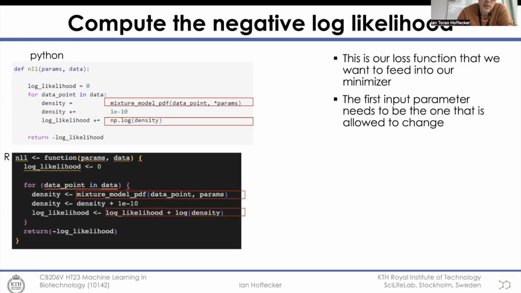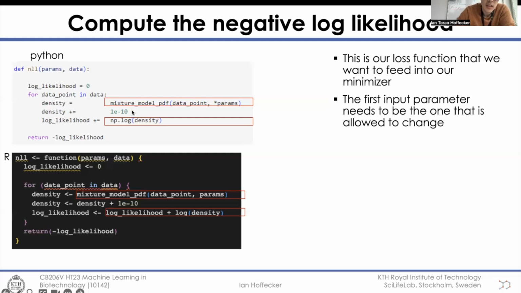What we want to do is return a particular negative log likelihood associated with those parameters and specific to our data. So what we need to do is go through all the data points and compute first the probability density. We're going to get that from the function we went over in the last slide, this mixture model PDF.